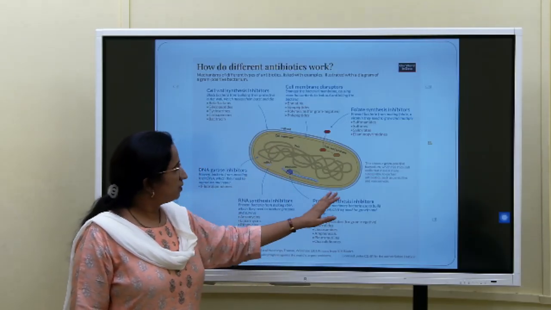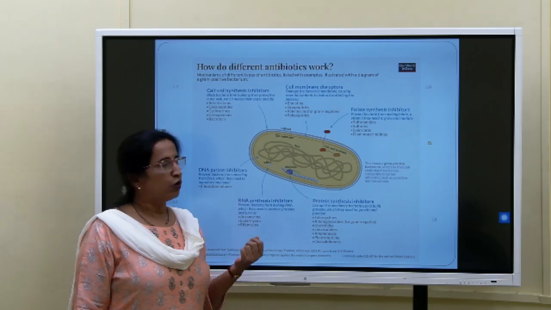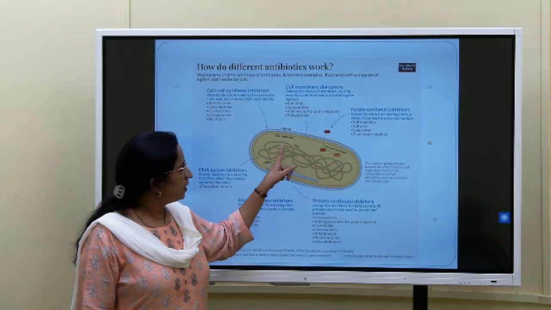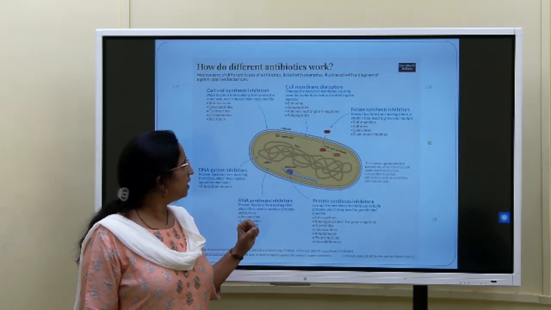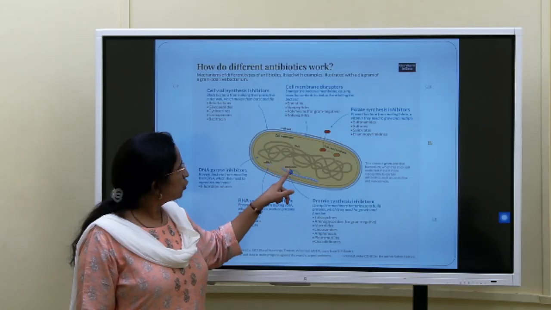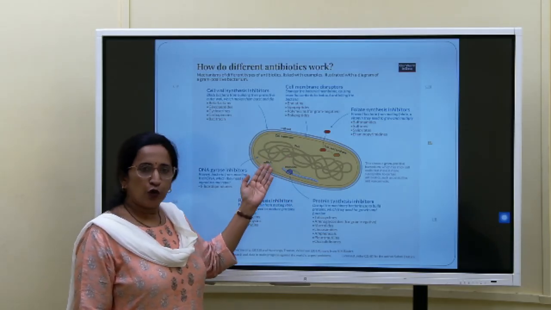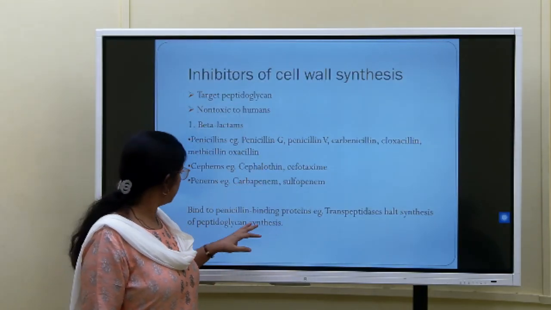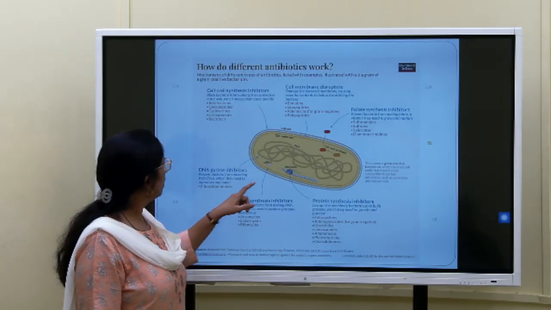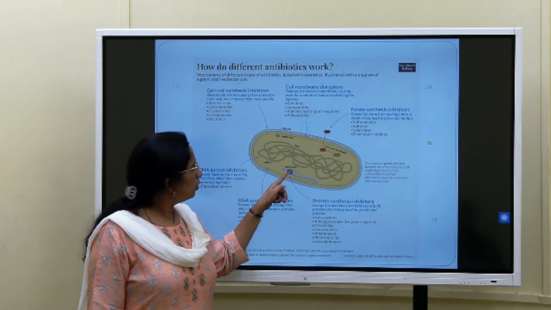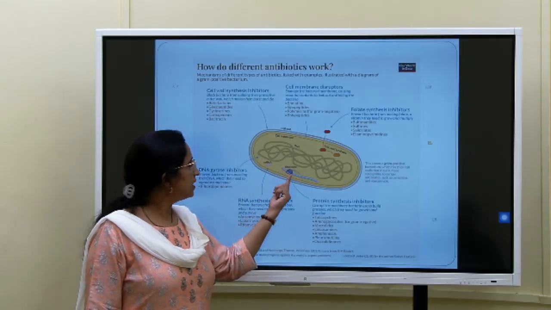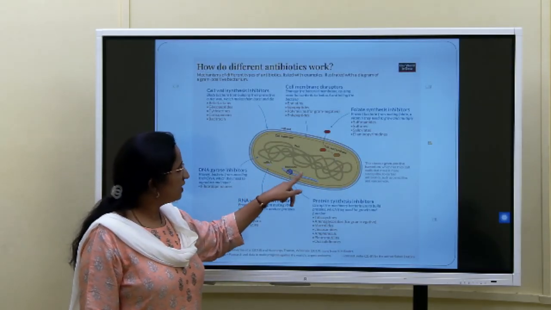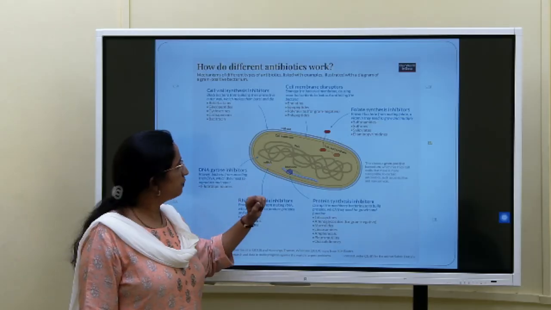So this is the structure of a common prokaryotic cell of a bacterium, and we can see in the center over here the DNA, the chromosome of the bacterium. We can see that the DNA can undergo transcription to give you formation of mRNA. mRNA can undergo translation, and you can see here the formation of protein happening with the help of ribosomes.